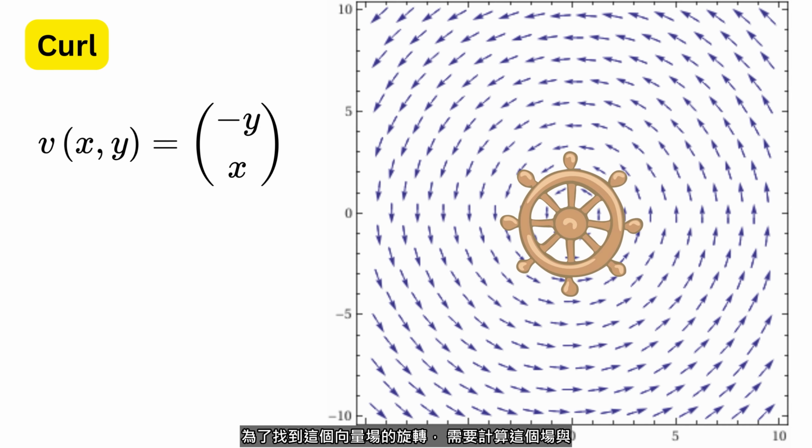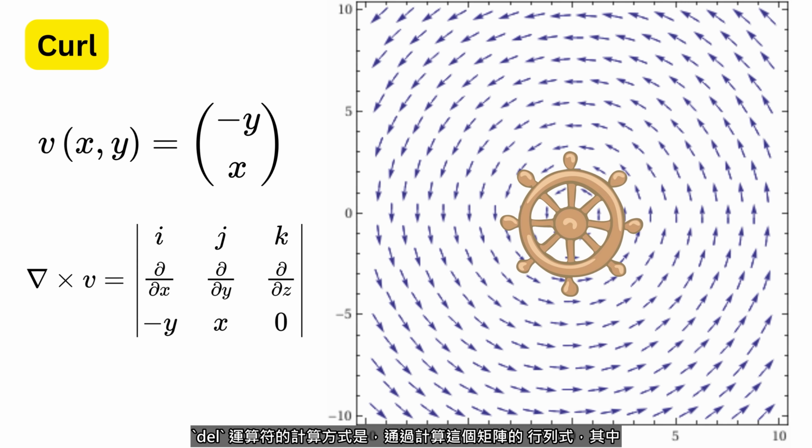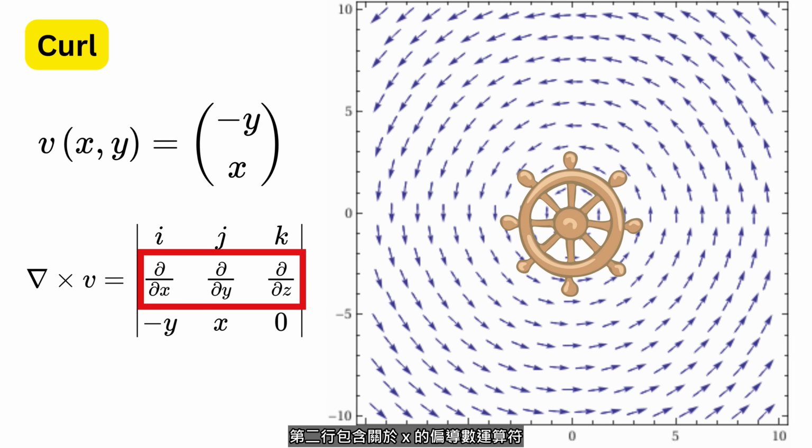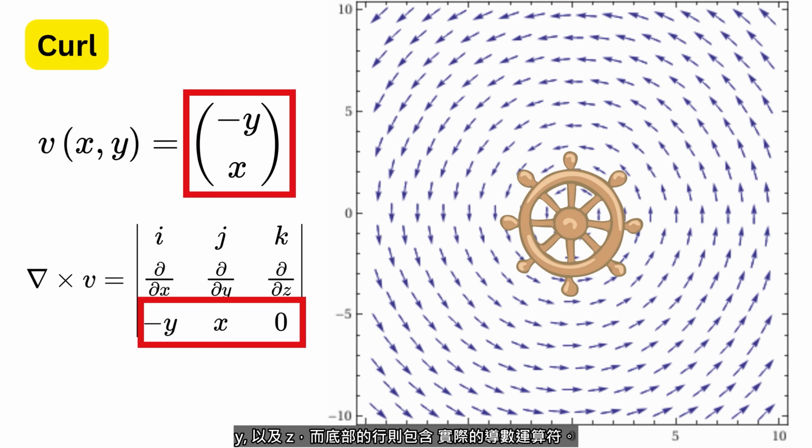To find the curl of this vector field, the cross product of this field with the del operator is calculated by finding the determinant of this matrix, where the top row contains the unit vectors i, j, and k. The second row consists of the partial derivative operators with respect to x, y, and z, while the bottom row contains the actual components of our vector field.